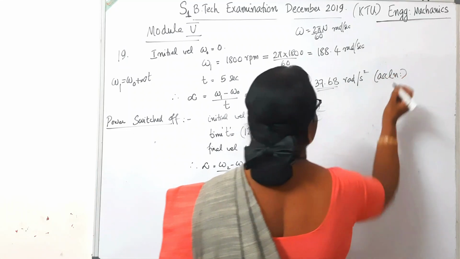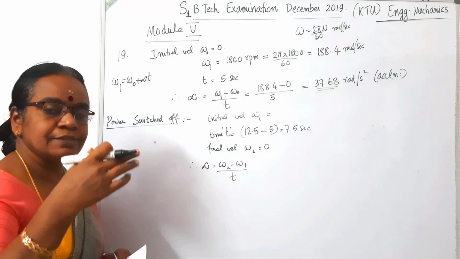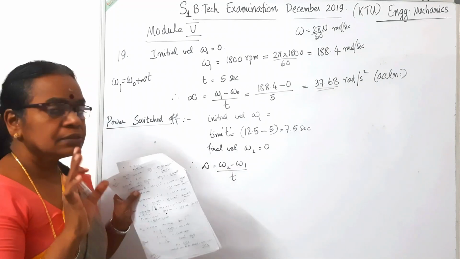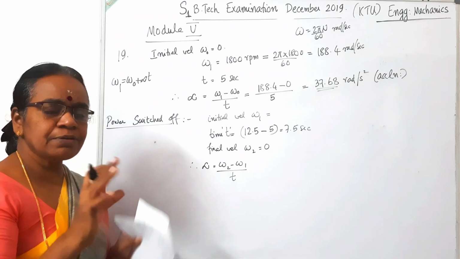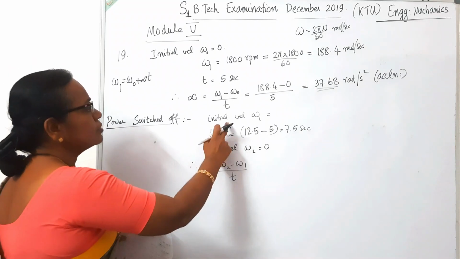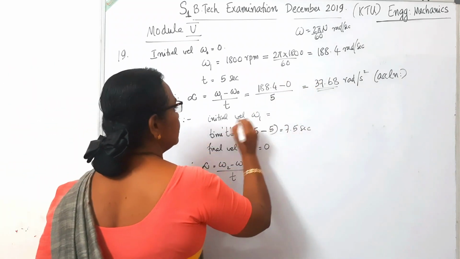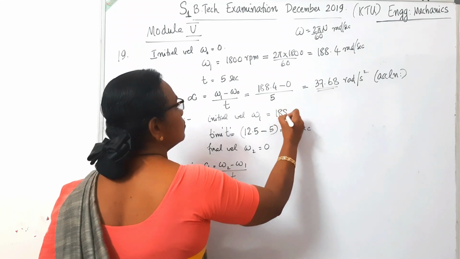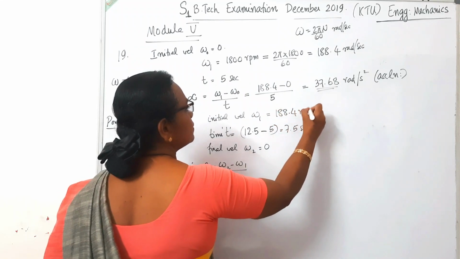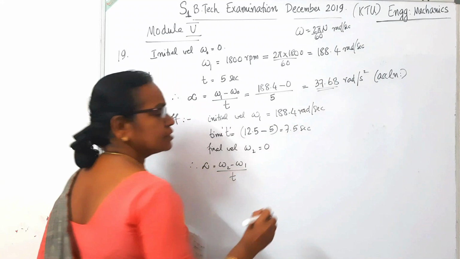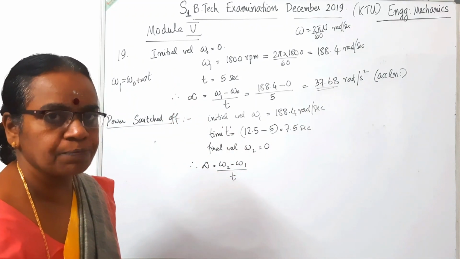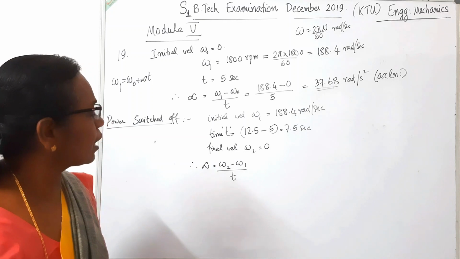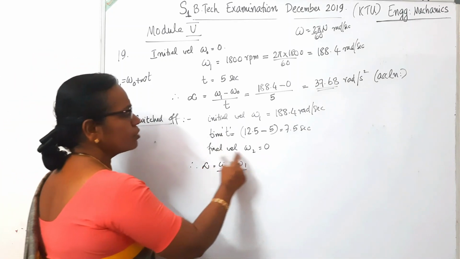The first phase, the rotor gets accelerated for 5 seconds. Then it is switched off. Once it's switched off, at that stage its velocity is 188.4 radians per second, so initial velocity is 188.4 radians per second. At that stage power is off and it comes to rest. Final velocity becomes 0.